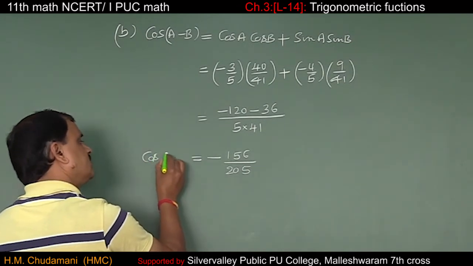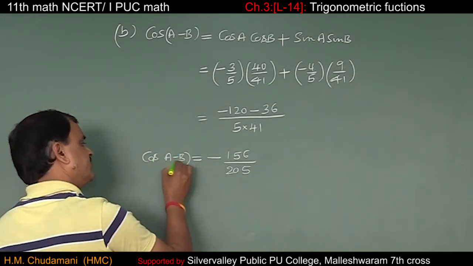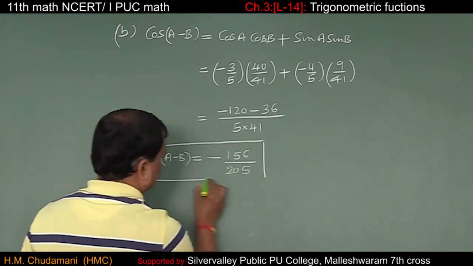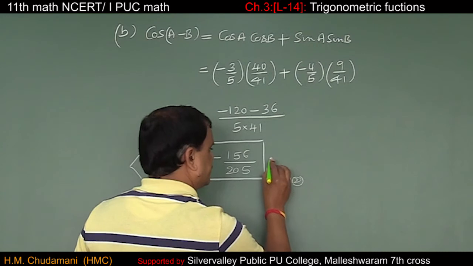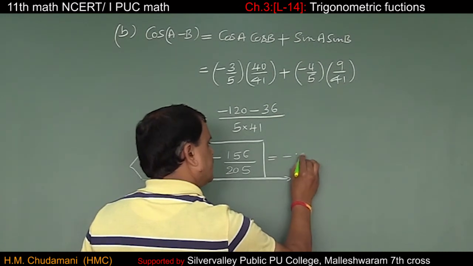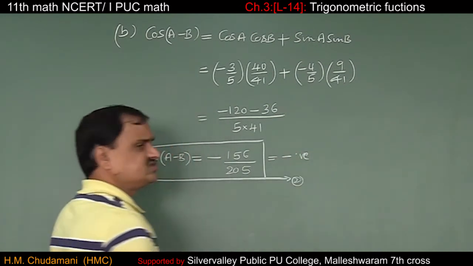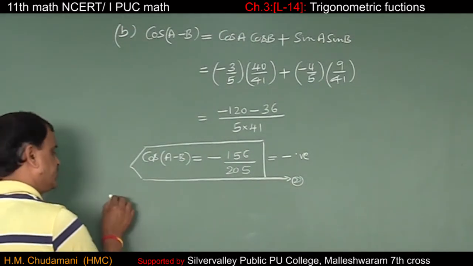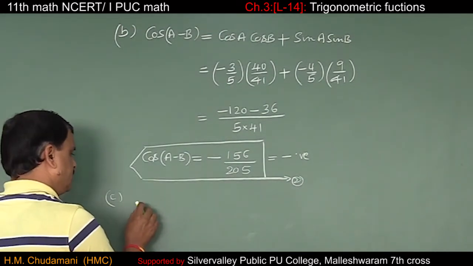So cos of A minus B is equal to minus 156 divided by 205. So this is also negative. Cos of A minus B is also negative. Sin of A minus B is negative.